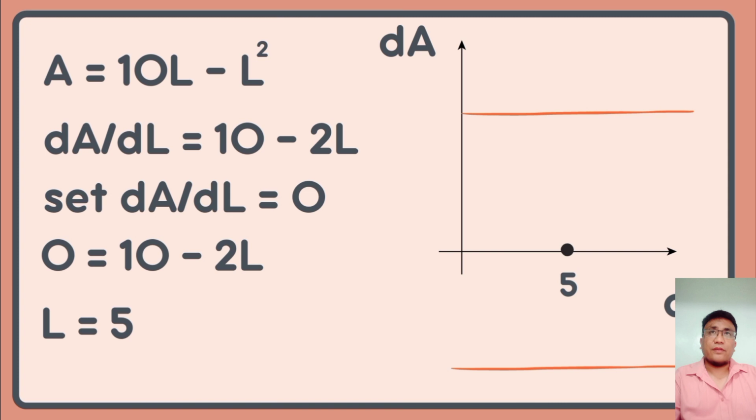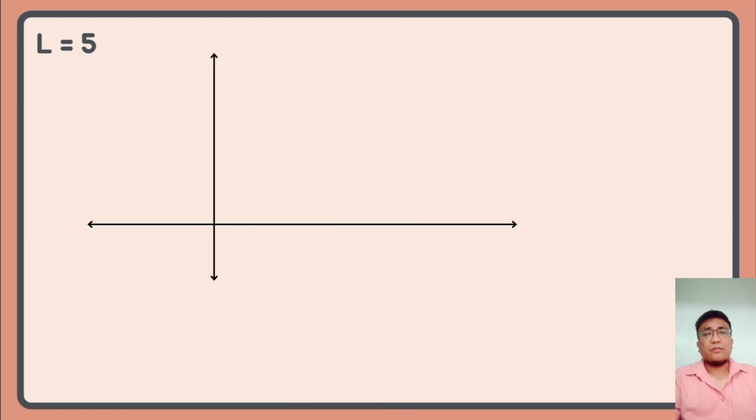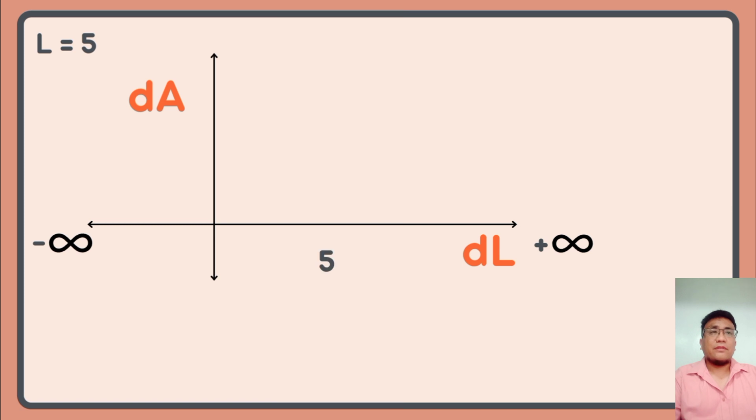So L is equal to 5. What does that mean? We have the Cartesian plane of xy axis, labeled as dL and dA, with negative infinity on the left side and positive infinity on the right side. Let's graph 5. So 5 is here.